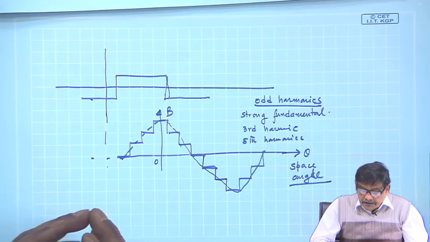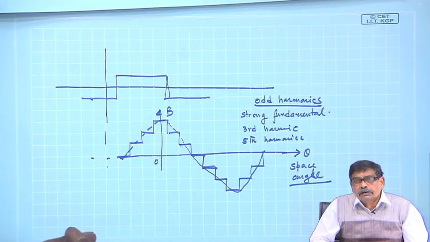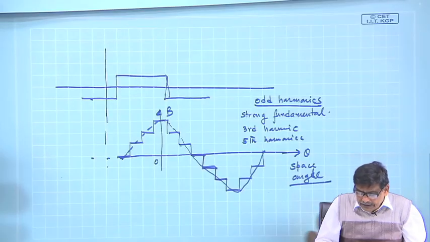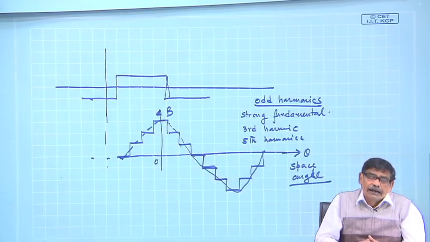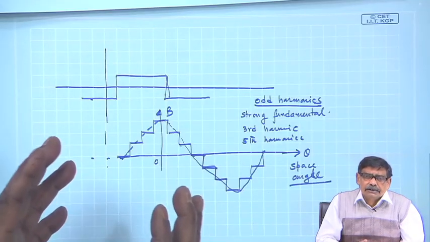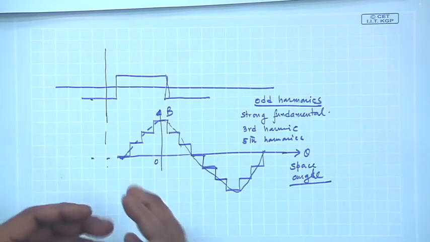So, from our next class we will start windings. Do not miss that, that is very important. You must go through that, so that you have an understanding of the whole thing together, not in piecemeal.